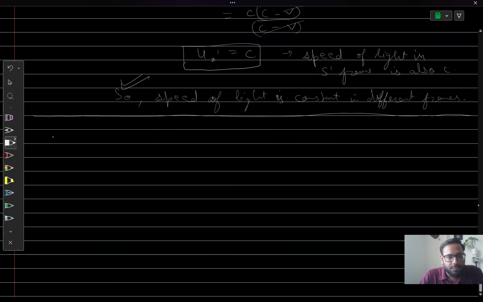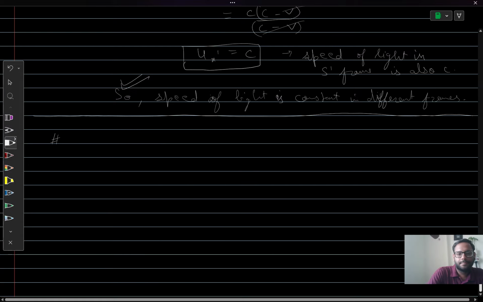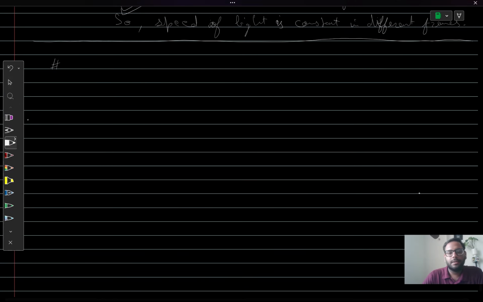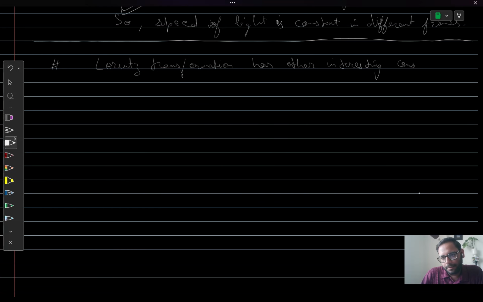Now let's come to some notions of simultaneity and other things. Let's pick up the Lorentz transformations again and see what the other interesting consequences of it can be.